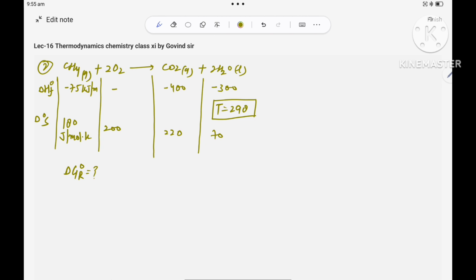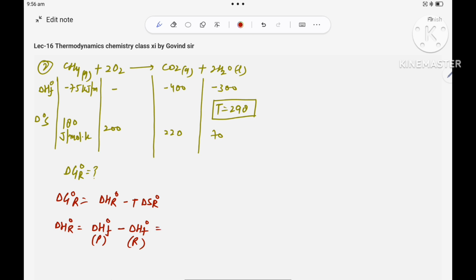So how to do, children? We know the formula: delta G for reaction is equal to delta H minus T delta S. So delta H R, enthalpy of reaction, is equal to enthalpy of formation for product minus enthalpy of formation for reactant.